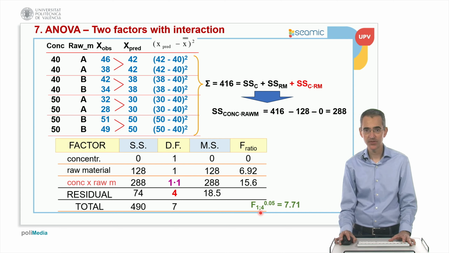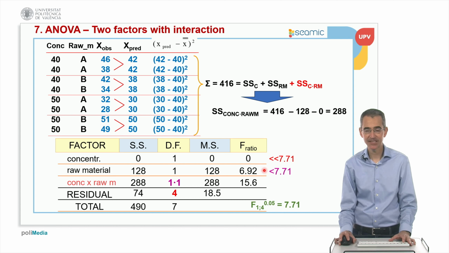So we go to the Fisher's table for alpha 5%, and the critical value is 7.71. And in this case, we can see that the first F ratio is less, so it's like a frequent value, so we say that the simple effect of concentration is not statistically significant.